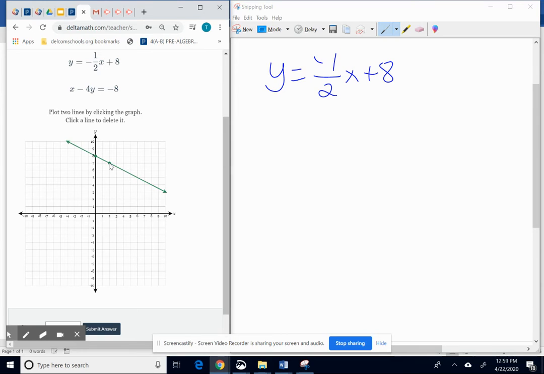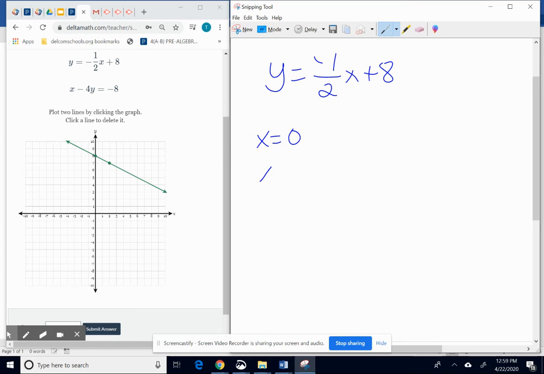For my bottom line, instead of changing this into slope-intercept form, I'm going to think about using my friend 0. The first thing I'm going to do is take my equation and set x equal to 0 and find y.